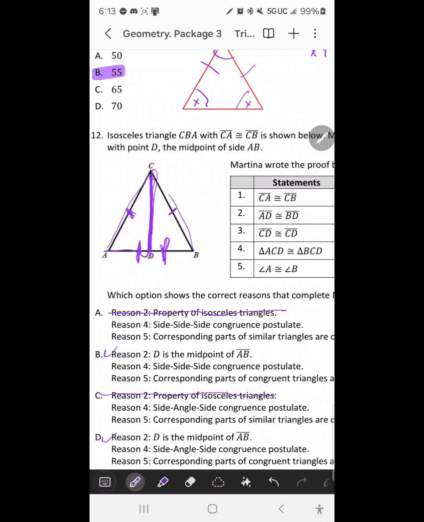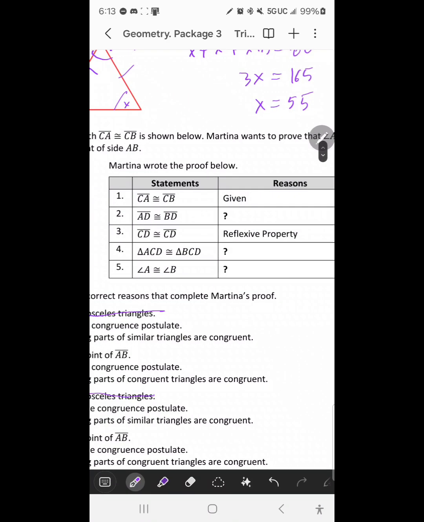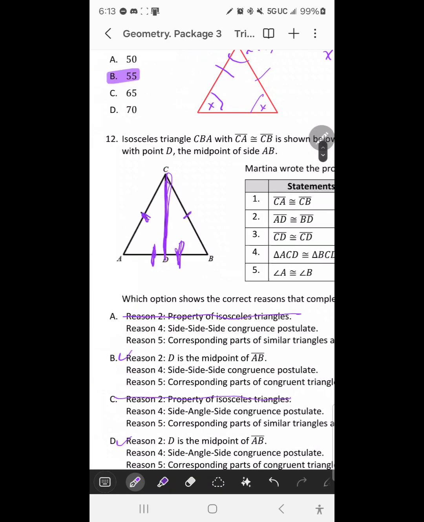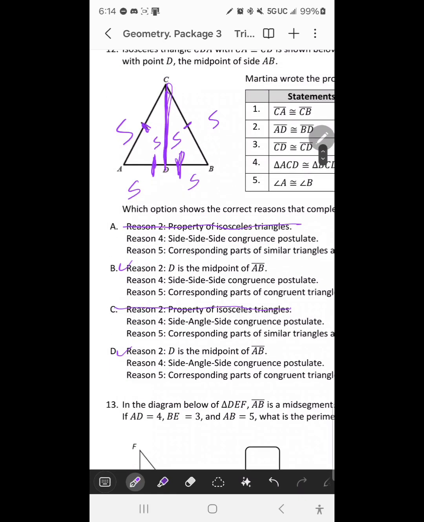So ACD and BCD are congruent because, okay, let me see what we have. We have side here, side here, side here, and side here, side here, side here. So it will be side, side, side congruence postulate or theorem. So I'm gonna check this.